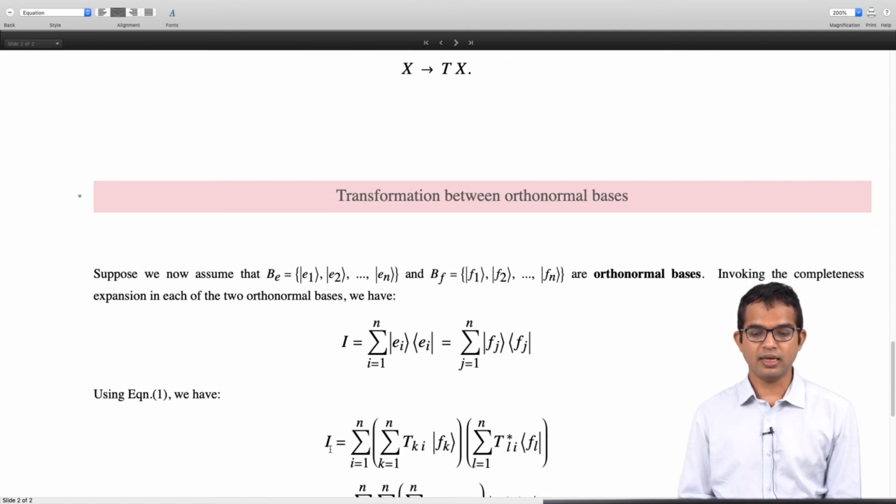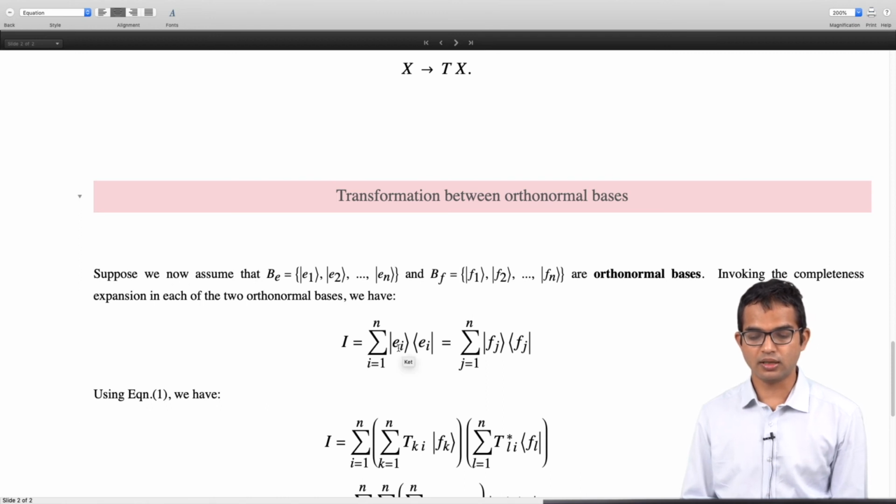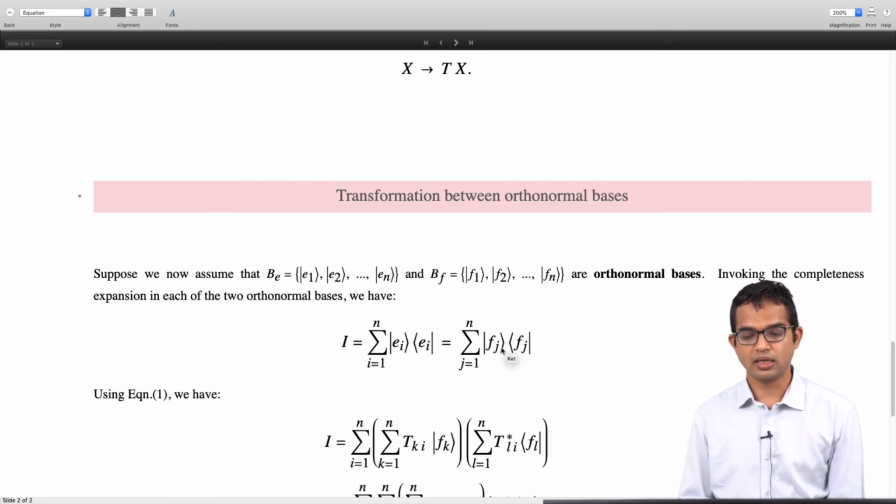So see, I is summation over i of |e_i><e_i|. But in place of e_i, I will put in this way to go from, write e_i in terms of f_k. So I plug this in here, and then I use a different dummy index l here, I have a k here. So the bra vectors, instead of you get t_li, you get t_li star.